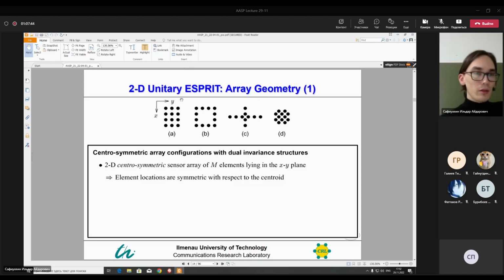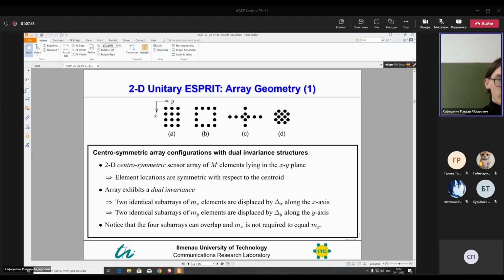So X is here, Y is here, with delta X along the X-axis and delta Y along the Y-axis.